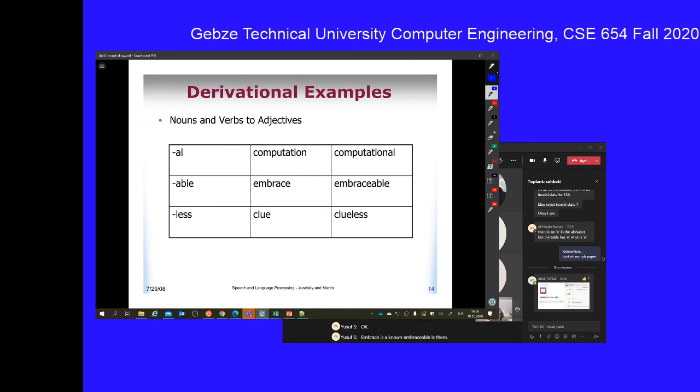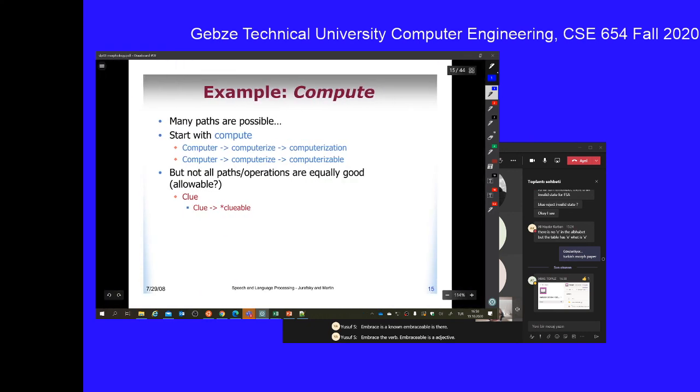Embrace is a verb, embraceable is an adjective. So these are some derivational examples, and many paths are possible. Computer, computerized, computerization. Computer, computerized, computerizable. And you can apply the same rule more than once on the same stem. So the derivational morphology in English is much more complicated than inflectional morphology.